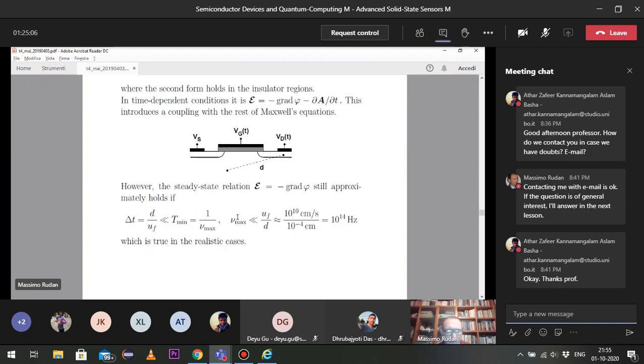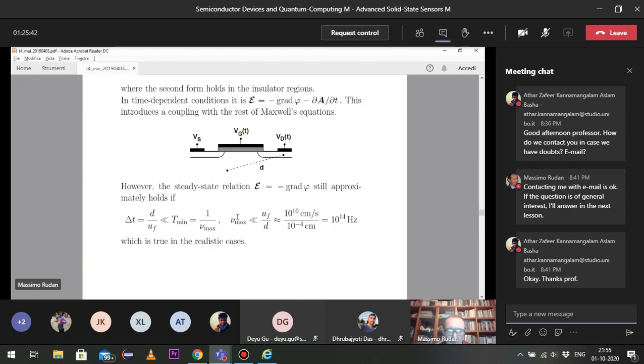So the maximum frequency is UF over D. If we were in vacuum, UF would be the speed of light in vacuum, that is 3 times 10 to the 10th centimeters per second, okay? Assume that in the material this velocity is smaller, so drop the 3 and take UF equal to 10 to the 10th centimeters per second, okay?